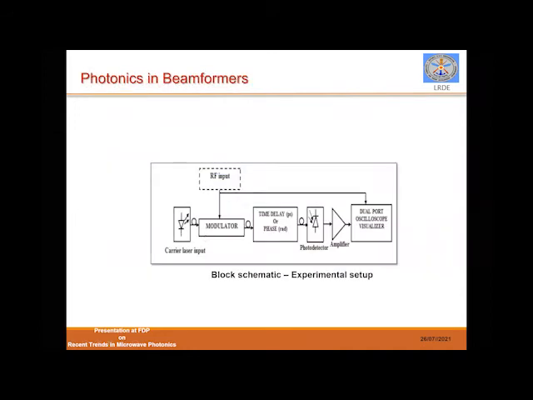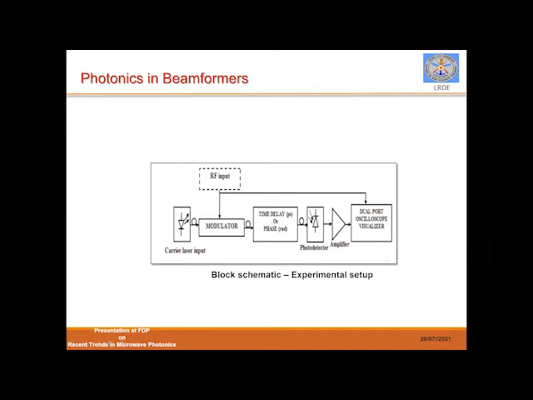So in this direction also, we tried to do some things in our lab. Basically, here this is the RF input. With the help of a modulator, we convert it to the optical domain, and we introduce the time delay in the optical domain itself.